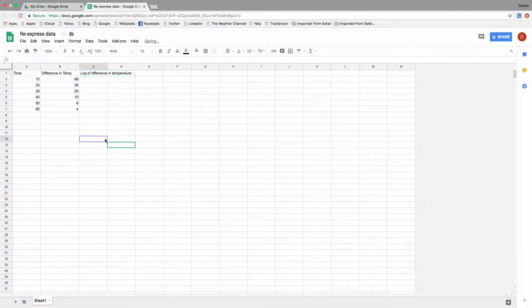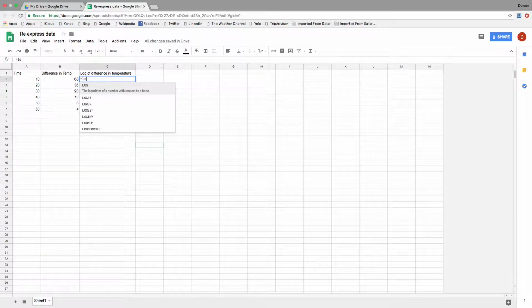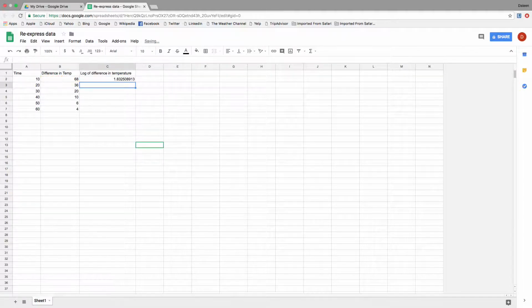So log of difference in temperature equals the log, I'll use base 10, and let's always use base 10, of this value here. And then I can drag that down.